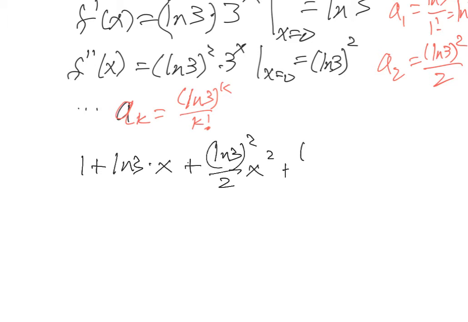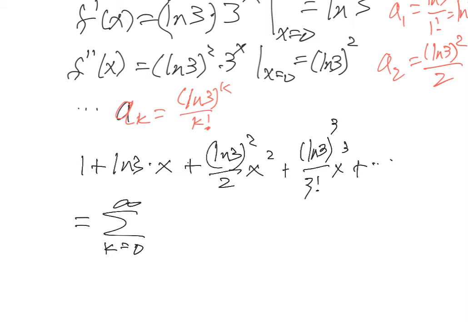And now the factorials start to matter. Okay, so there it is in sigma form. We can start k at 0.